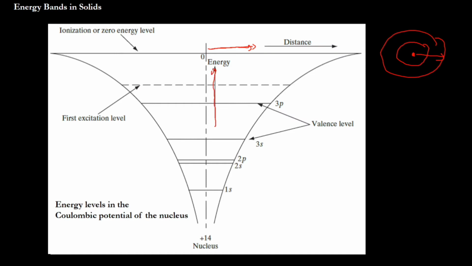Energy on the y-axis, distance on the x-axis. These are the orbits: 1s, 2s, 2p, 3s and 3p. These two energy levels correspond to the 3p and 3s orbits. This level corresponds to 2p, this to 2s, and finally this to 1s.